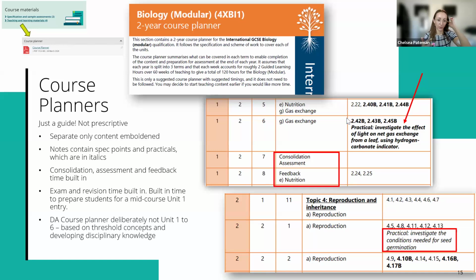So for example, it might be beneficial for students to have an idea of heat energy and how that affects movement of particles, because that might help them then understand enzymes. But of course, if you don't teach double award and you only teach biology, it's less relevant to you, but it's just there as an example.